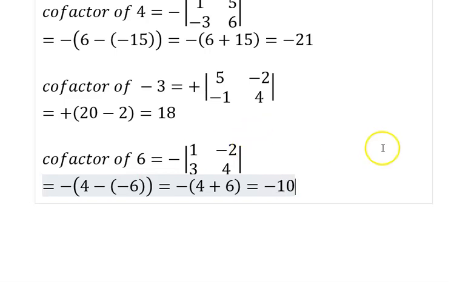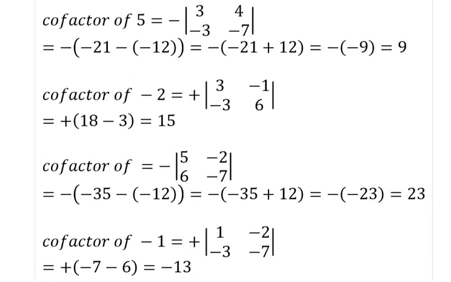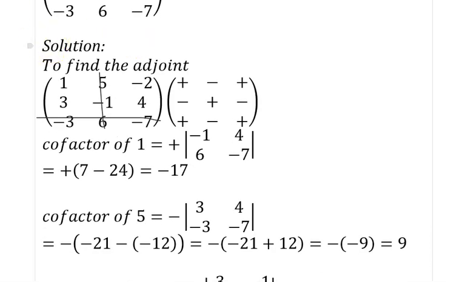So let's go straight to the last one. We are still looking for the adjoint. Factor of minus 7.